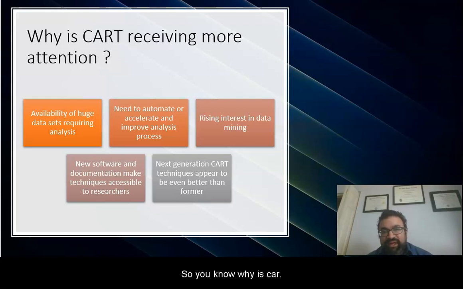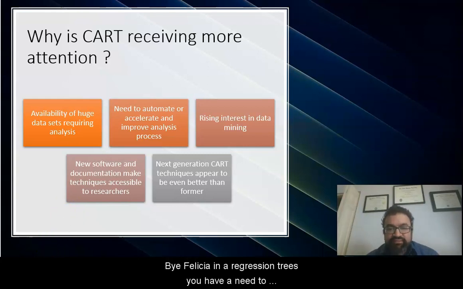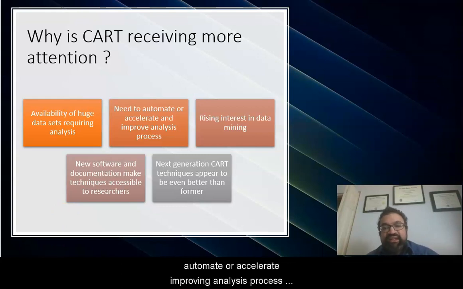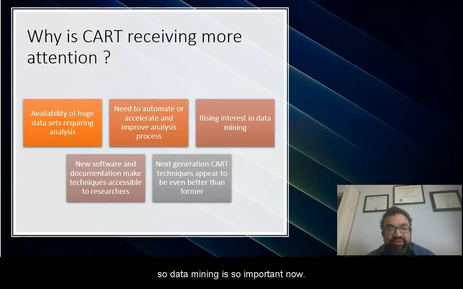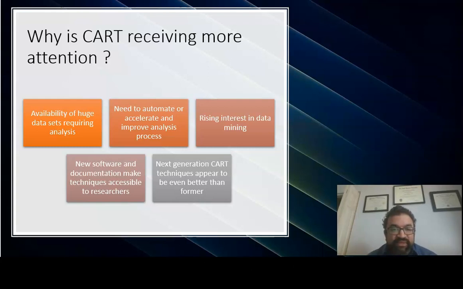So, why is CART receiving more attention? Well, there's of course the availability of huge data sets requiring analysis, but for the application of regression trees, you have a need to automate or accelerate improving the analysis process. Data mining is so important now that these will really be a lot more available and a lot more techniques will come about from this.